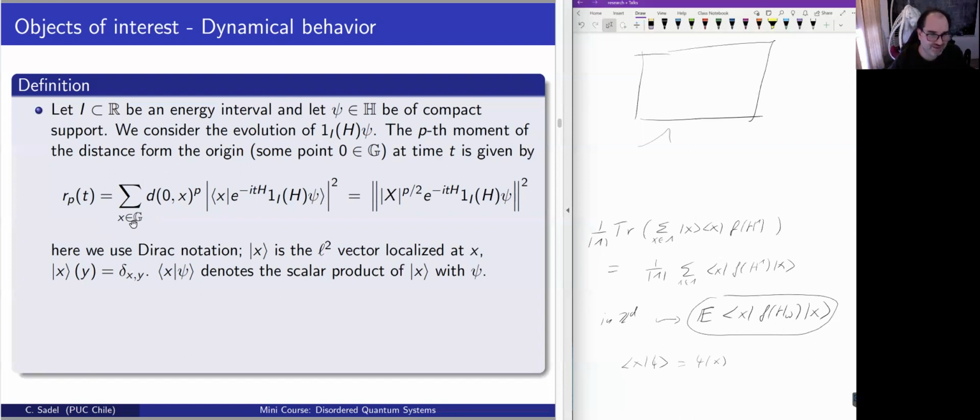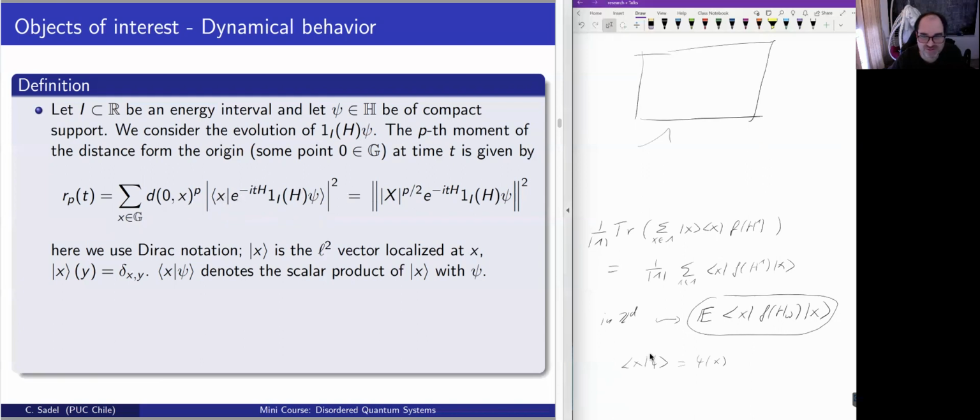And then, if we think of this as a multiplication operator, multiplying the state x with the absolute value of x, then this thing is actually the same.